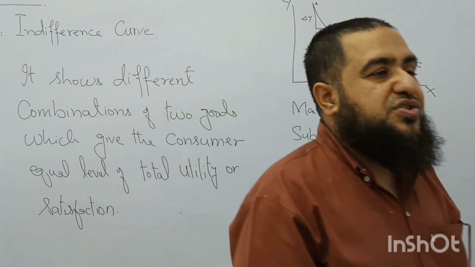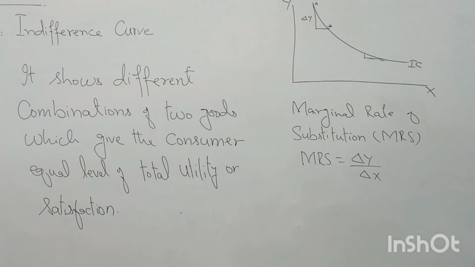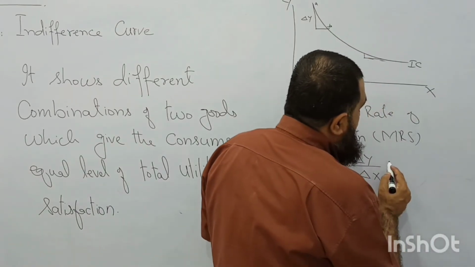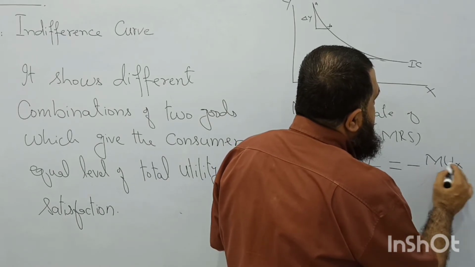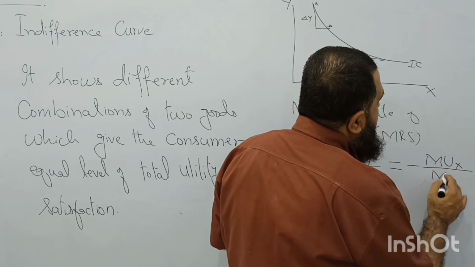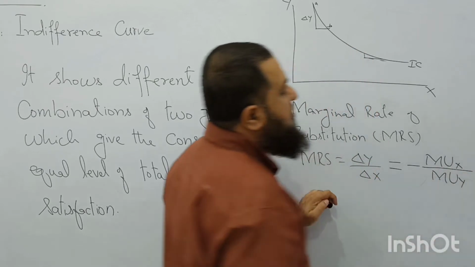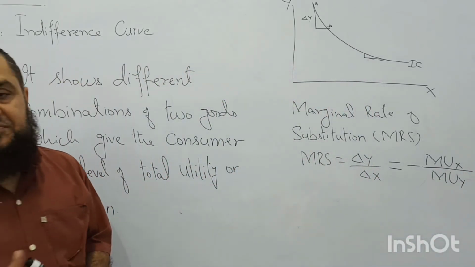Marginal rate of substitution means to get an extra unit of X, how many units of Y are given up. Clear? So its slope is equal to minus marginal utility of X over marginal utility of Y.